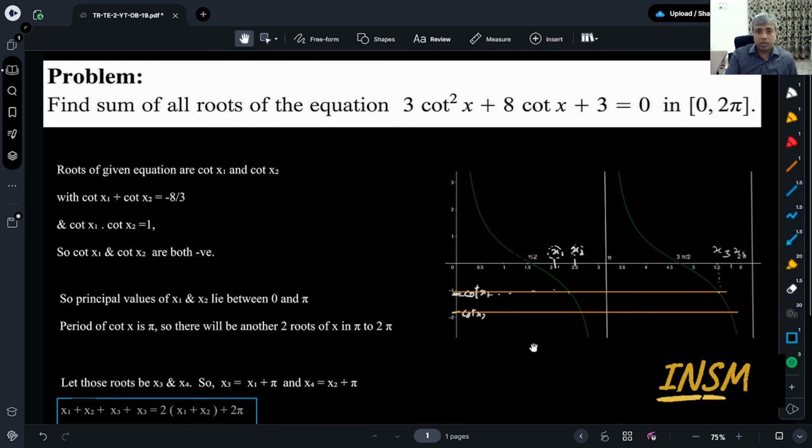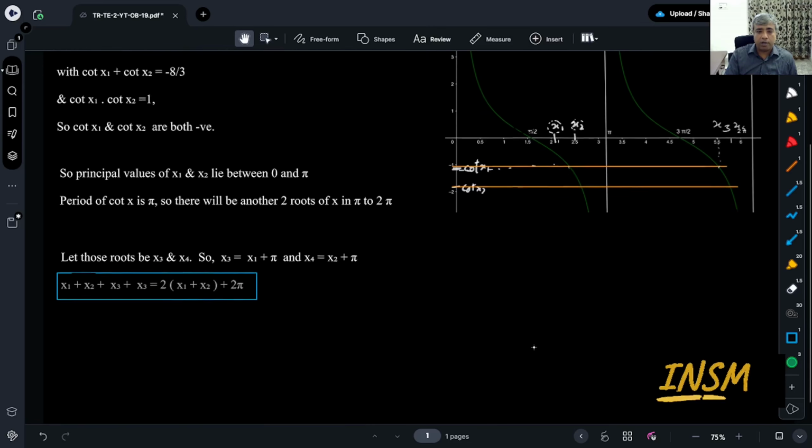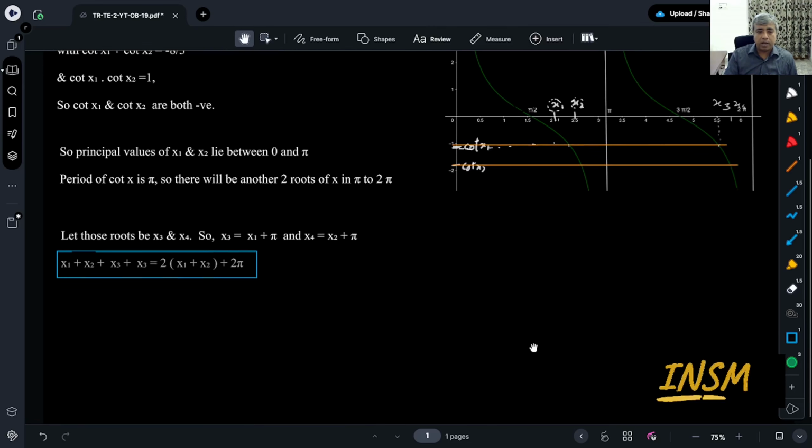Once you get this, the sum of roots that we are looking for will be x1 plus x2 plus x3 plus x4. We put x3 as x1 plus pi and x4 as x2 plus pi, so this will come as 2 times x1 plus x2 plus 2 pi.